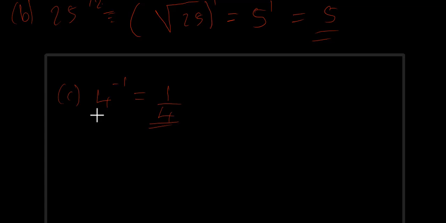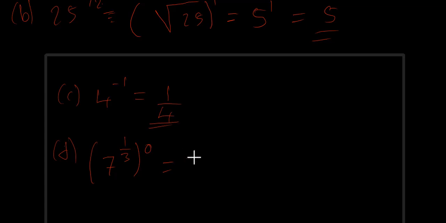Then we move on to D, where we have 7 to the power 1 over 3, close bracket, to the power 0. So this is a 0 index. So what's happening here?